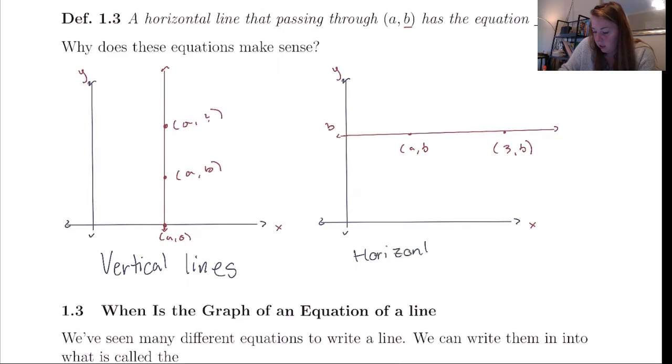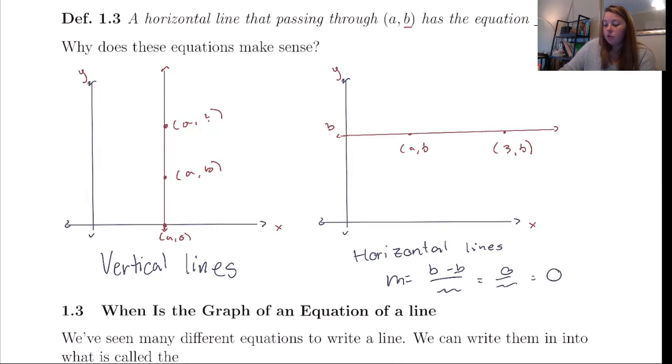What's the slope of that line? It's 0. The y's are always going to be the same. The slope is going to be like b minus b over something. It doesn't matter, which is always going to be 0 over something, which is 0. So the slope is always 0, which is a flat line, and I can walk on a flat line, right? The floor that you walk on has slope 0.